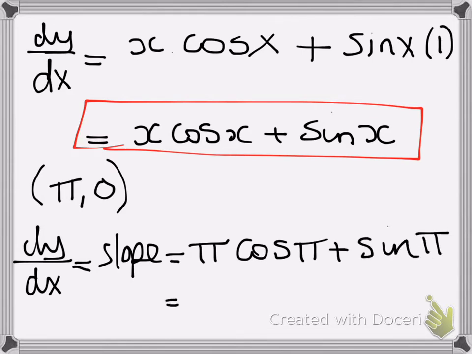That works out to be, cos of pi is -1, so that's pi times -1 plus the sine of pi is 0, so that just works out to be minus pi. So the slope of the tangent to that curve f of x at the point (pi, 0) is minus pi. That is the slope, and it's in radians.